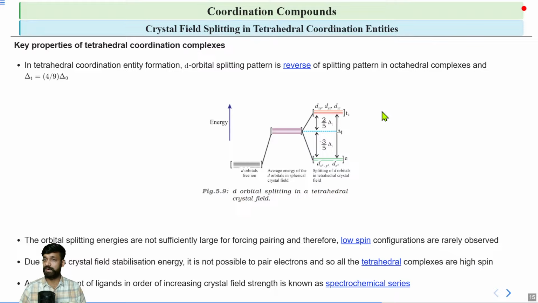Anyone who has a doubt till this part? So is it clear to all of you? Okay, so let us move forward.